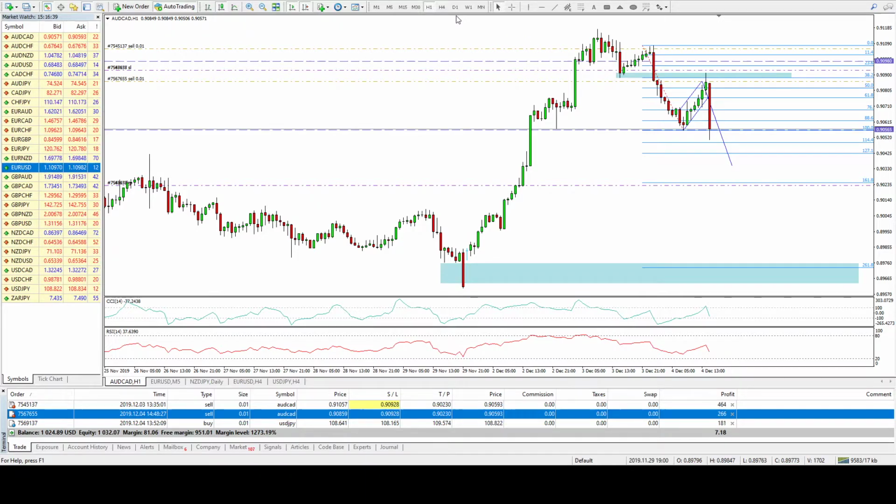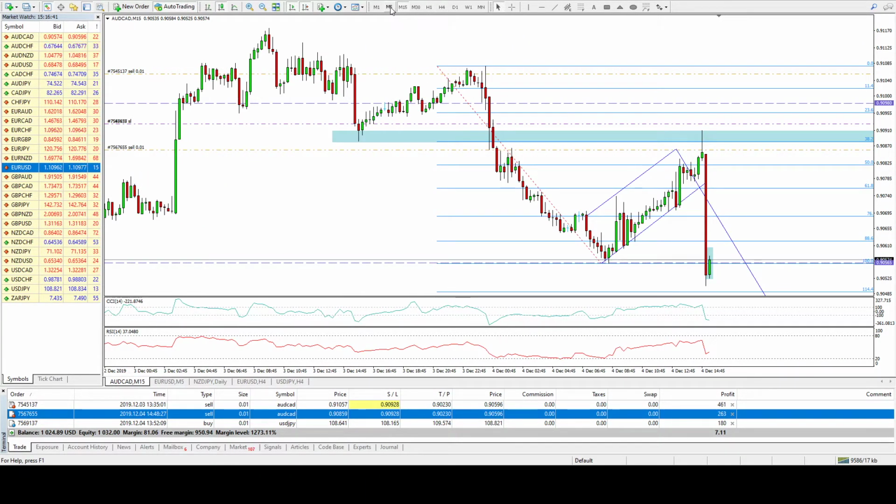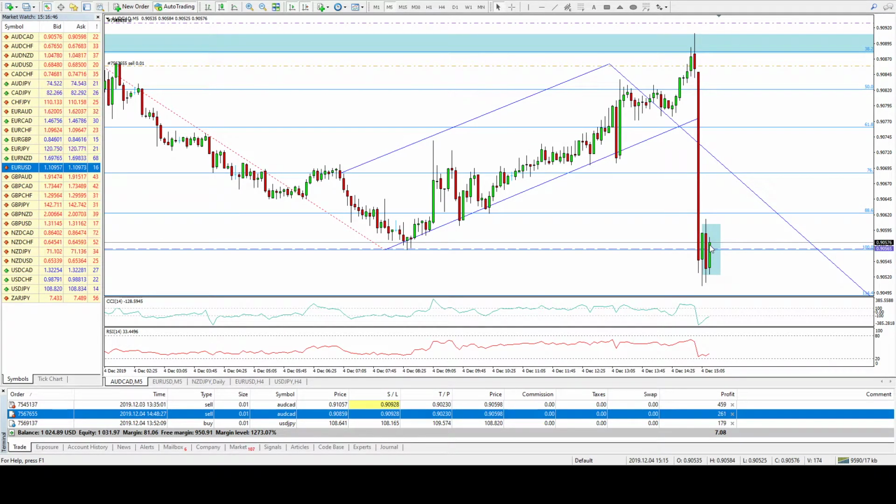Okay, price went up, even over this level. I'm getting ready to close it. The sellers are pushing the price back down.